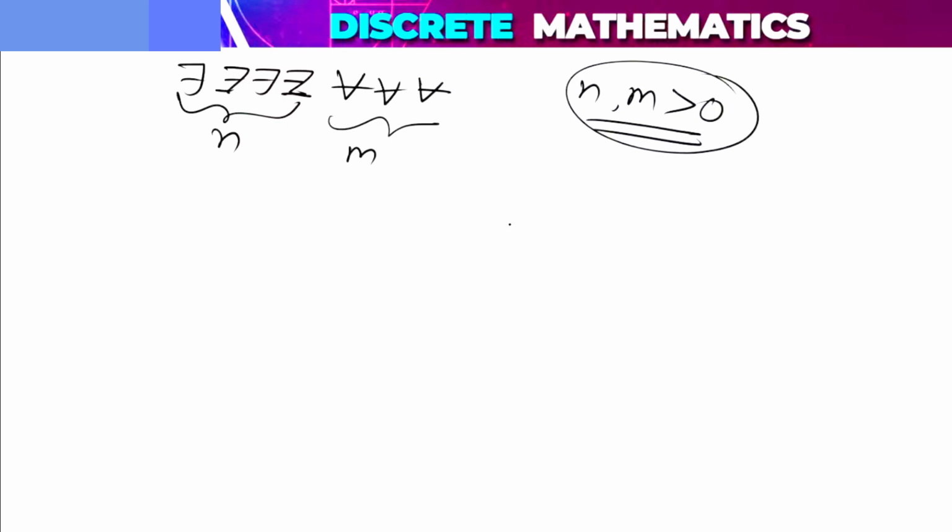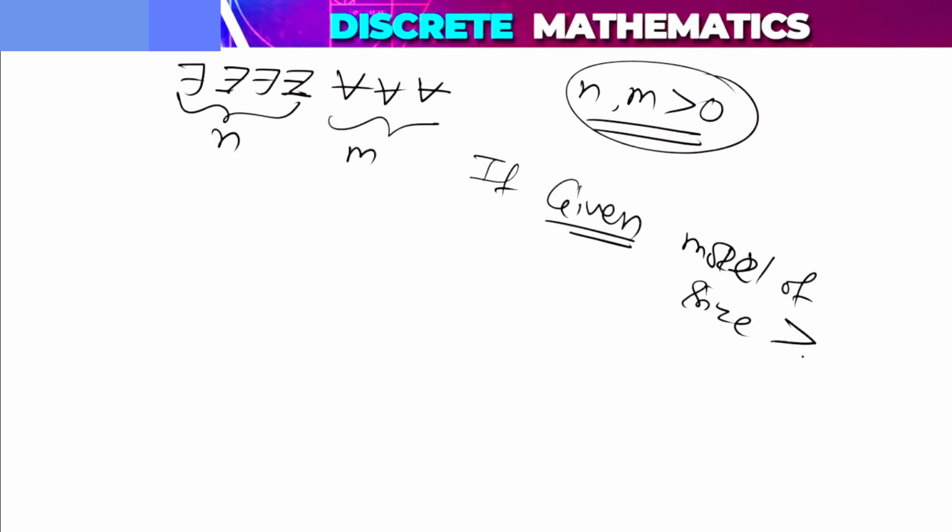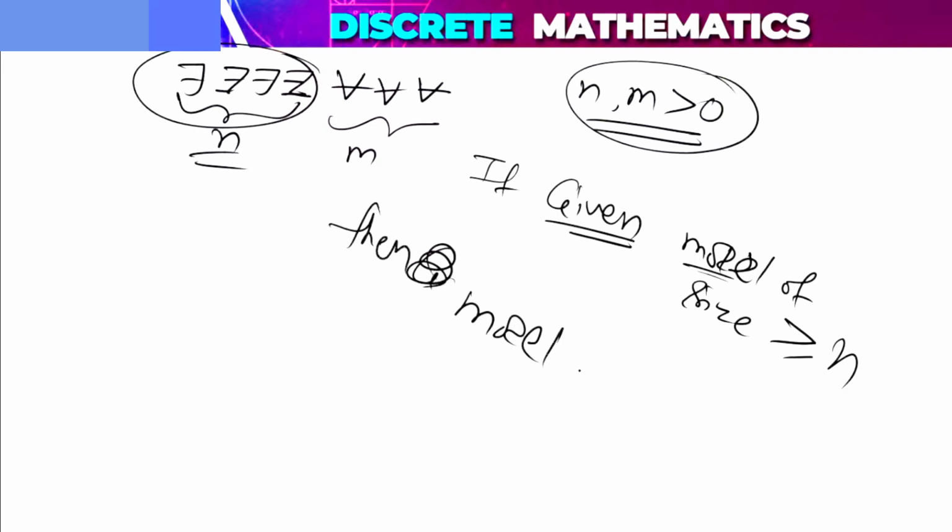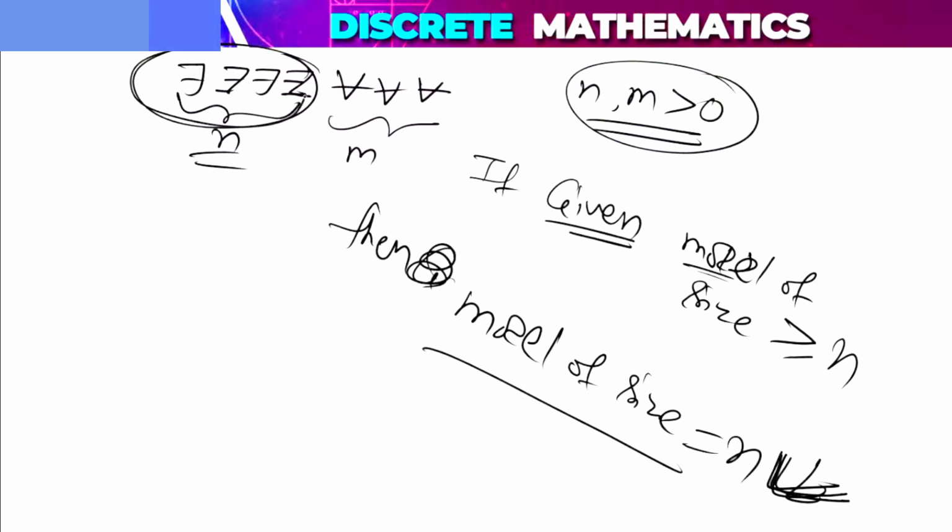Now for this template, if it is given a model of size greater than or equal to n, means these there exist, then we can guarantee a model of size n. This we can guarantee, because of these there exist.